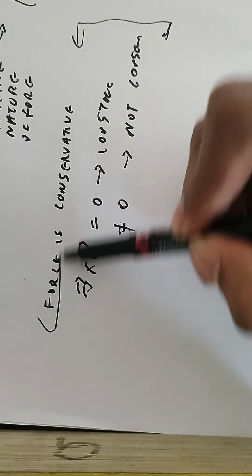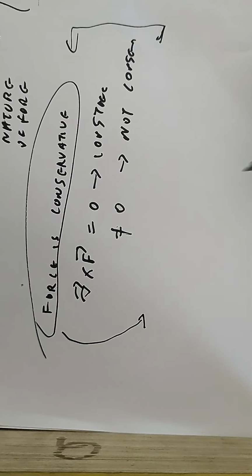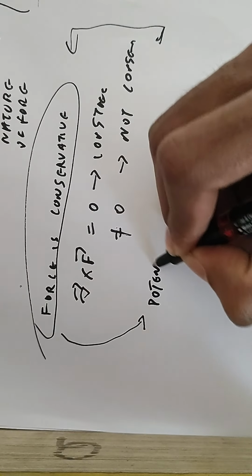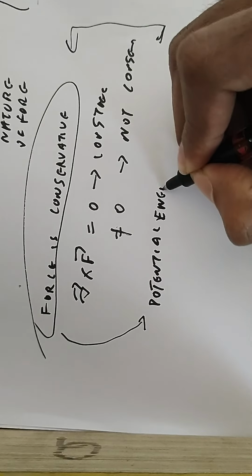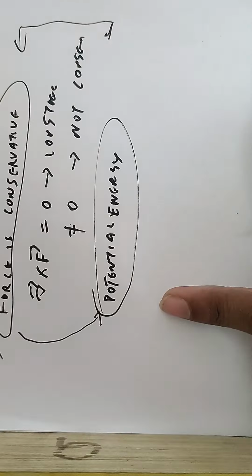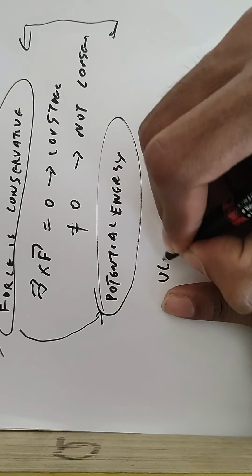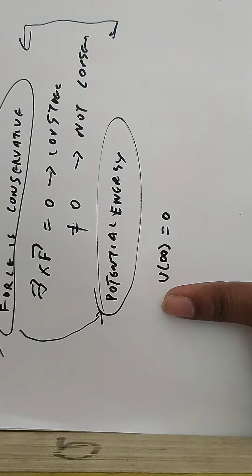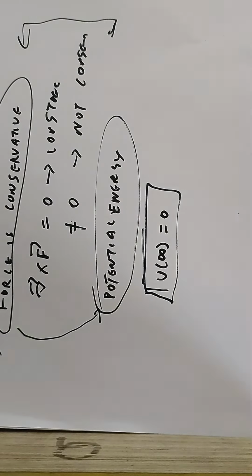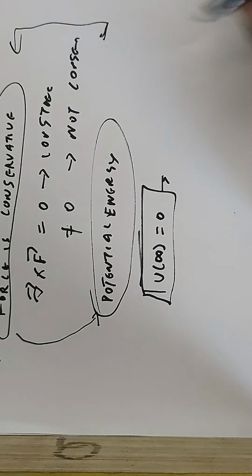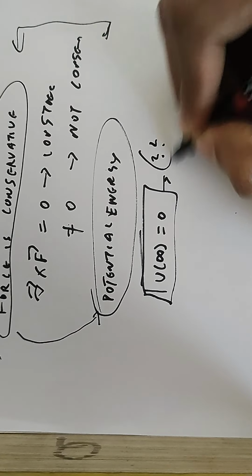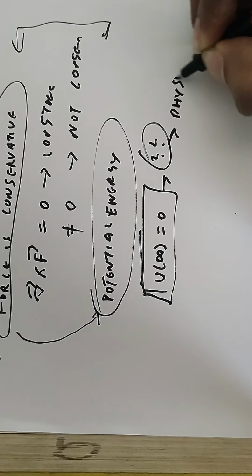Now, whenever the force is conservative, I can define a quantity called potential energy. Just think of it in this way. Now what I will do is set the potential at infinity to be 0, because I have that freedom. Now I have to check whether this is physically reasonable.